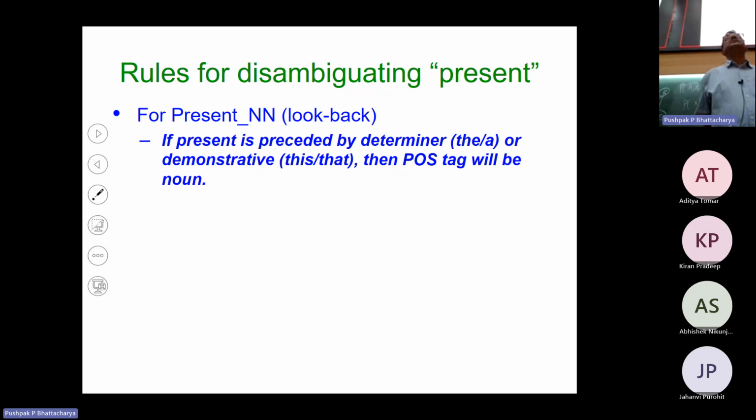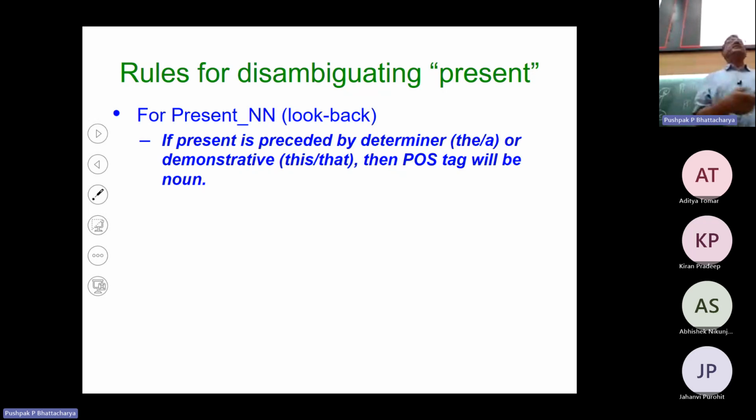Yes. The present generation is very tech savvy. Present is preceded by the, but it is an adjective. Or as you said, these present interesting cases. Here present is a verb.